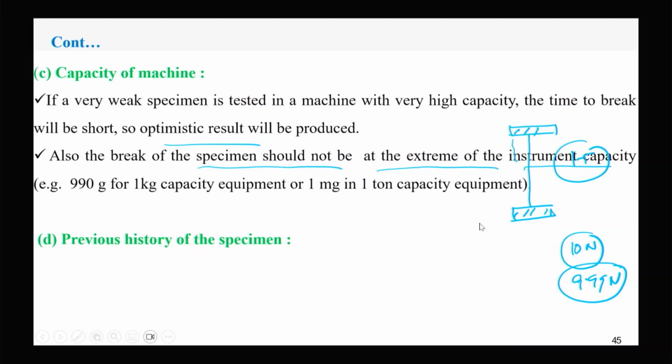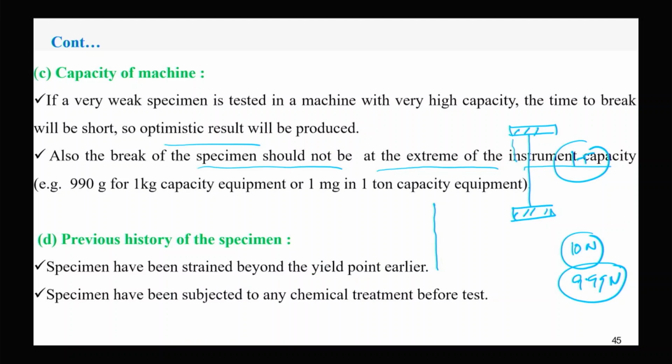Previous history also changes the tensile characteristics of the same material. Like a cotton yarn: one fresh cotton yarn, and another cotton yarn kept for a long time for weathering. The weathering will degrade the yarn and the strength will be different.